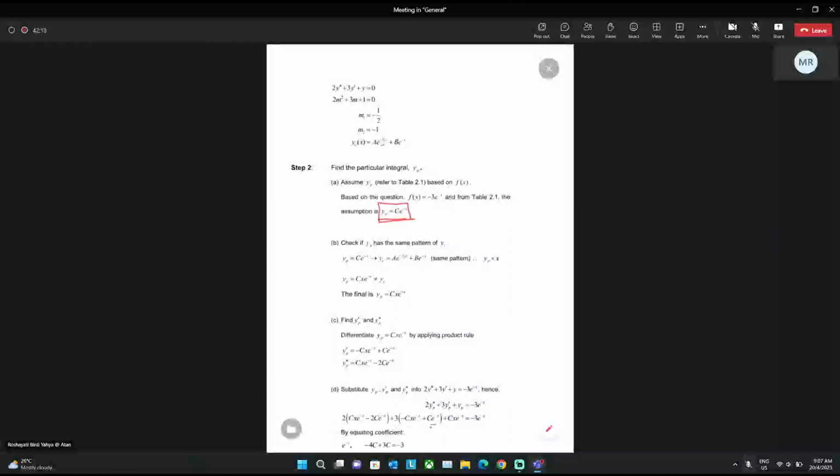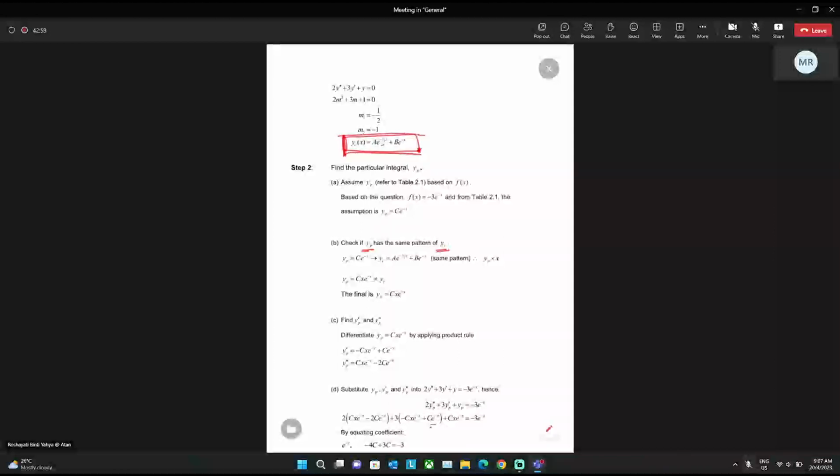Here we go for step B. Check the pattern of your yp, whether it is the same pattern as your yc. Make sure, if you have a highlighter, please highlight, because in mathematics you will play around with so many numbers that it may take 5 to 10 seconds to find your yc.